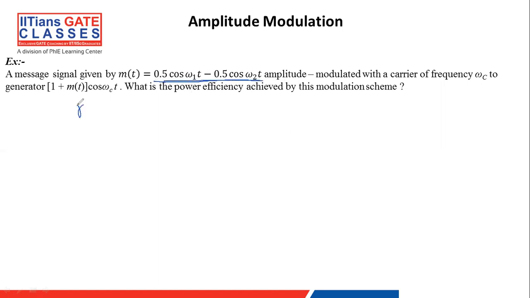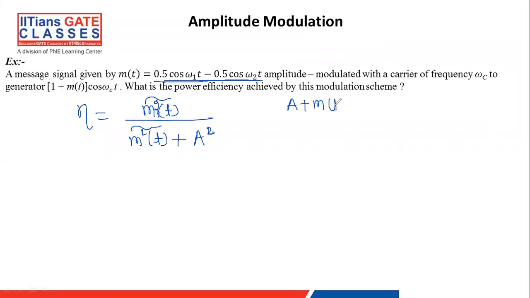We will use the formula with m square t dash, which is the mean square value of m(t), over m square t dash plus a square. This was for A plus m(t) cos omega ct. Now A is nothing but 1 here.